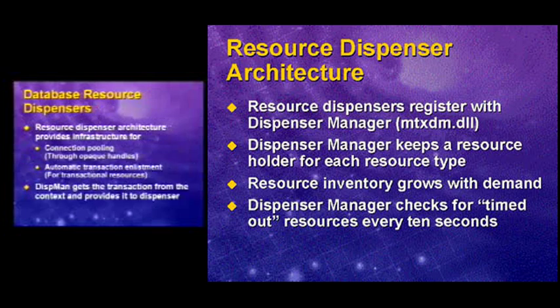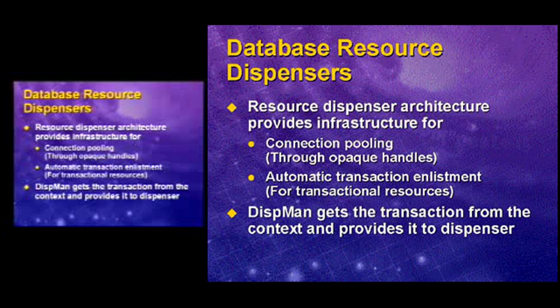Okay, let's talk about database resource dispensers, because that's what most of the talk is about. The resource dispenser architecture provides an infrastructure for connection pooling. We actually aren't pooling connections as far as Disman is concerned. We're pooling opaque handles. We just happen to know that they're database connections.